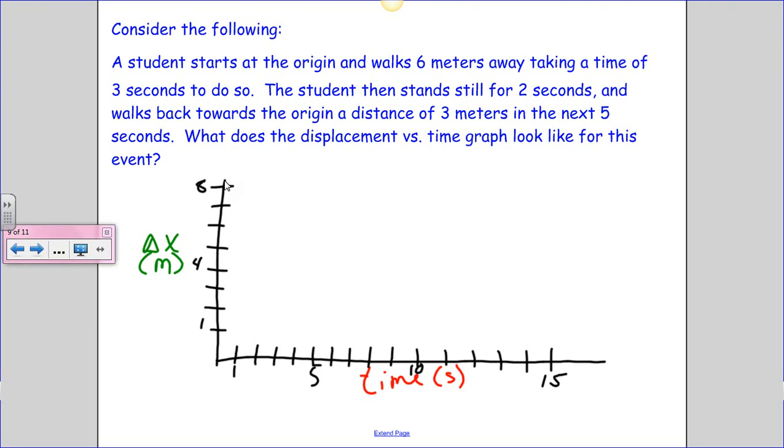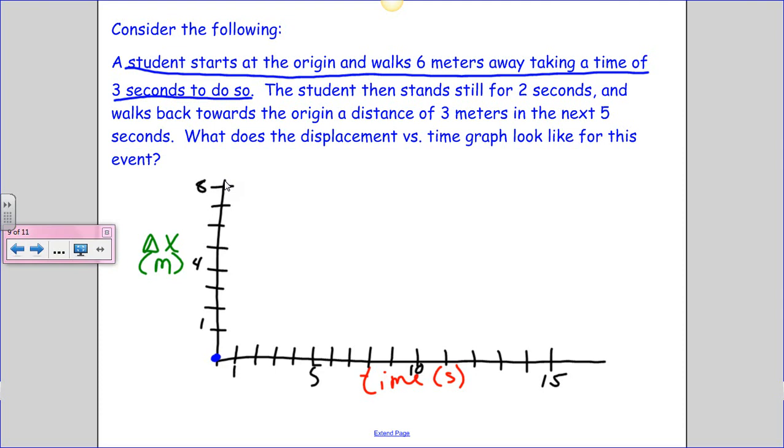So the very first section says, a student starts at the origin and walks 6 meters away, taking a time of 3 seconds to do so. This one sentence has 3 important pieces of information. The very first one is the student starts at the origin. So that means they start right here at 0, 0.